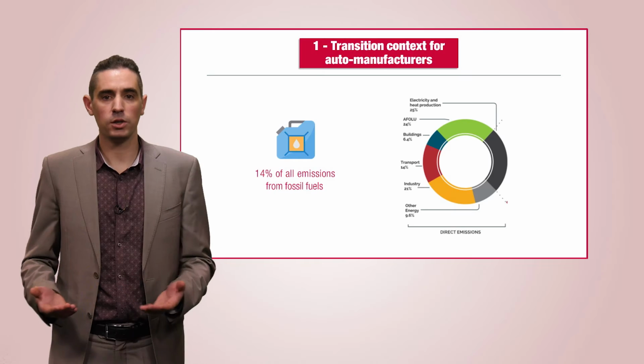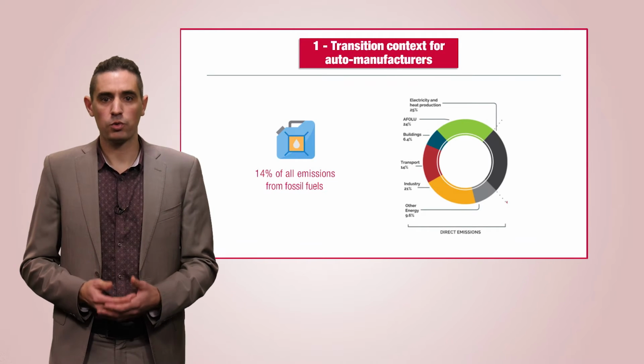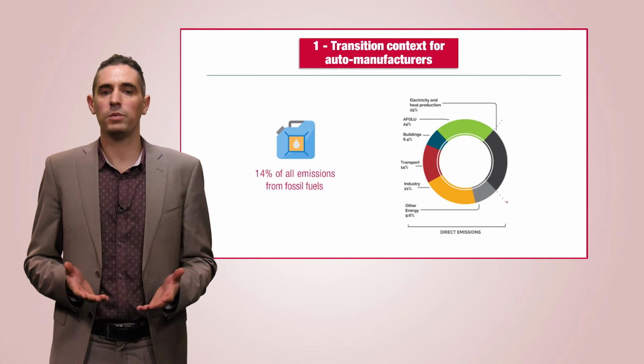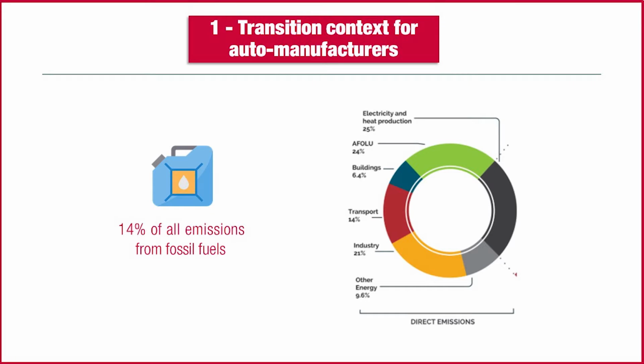The automobile manufacturer sector is central to the energy transition and the climate. According to IPCC estimates, the transport sector represents nearly 14% of all GHG emissions and is therefore a significant contributor to climate change. Of this 14%, 10% are related to road transport and 4% to other transport.